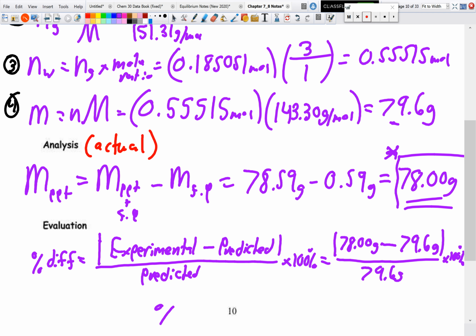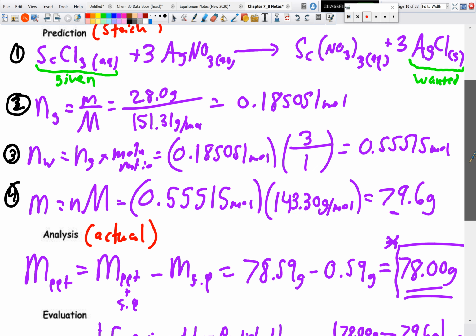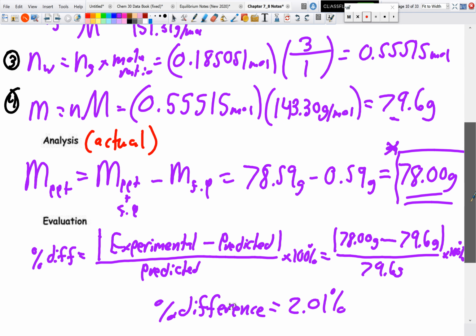And when we do this, we get our percent difference should be equal to 2.01%. And of course, 3 significant digits because that's what we have up at the beginning of the question. And of course, even this one right here, our 79.6. So that is how we go through solving our prediction, analysis, and evaluation stuff.